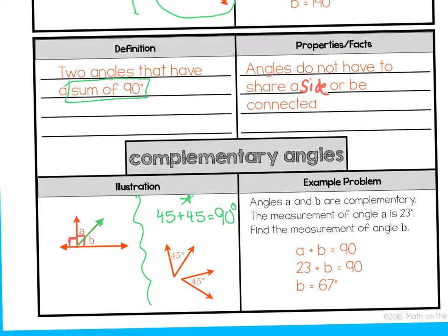Angle A is formed from that side to this. And then angle B is from this side, the side that it shares with A, to this side. And A plus B equals 90.